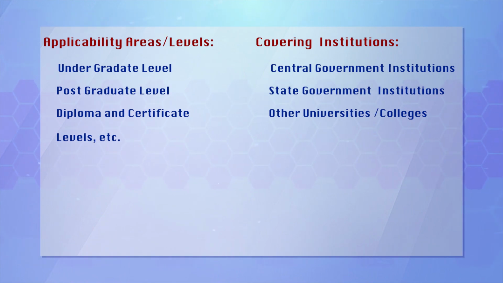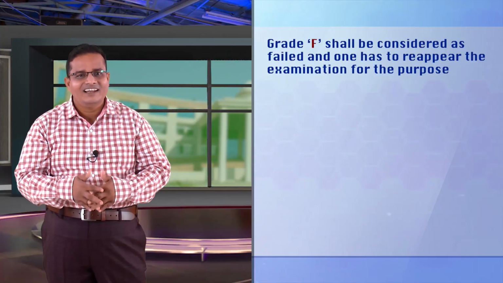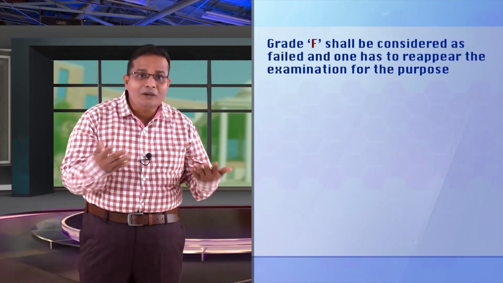It includes the different types of assessments like sessional or continuous assessment throughout the year, mid-term assessment during the middle of the session, end-term assessment at the end of the session. In this system, grade F shall be considered as failed and one has to reappear for the examination.